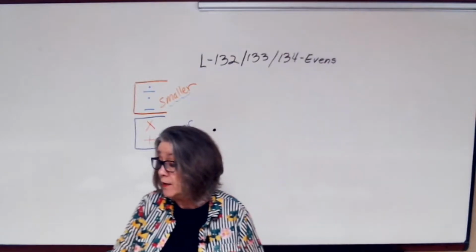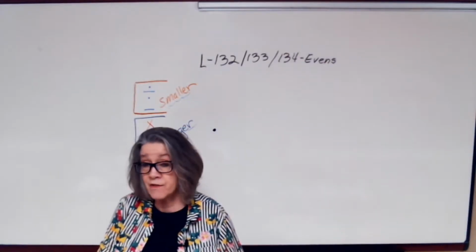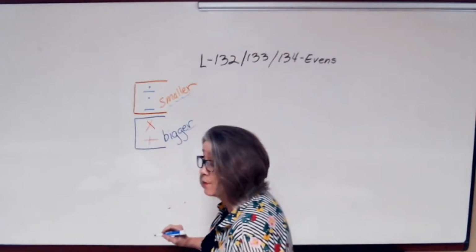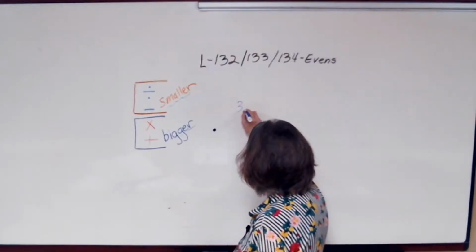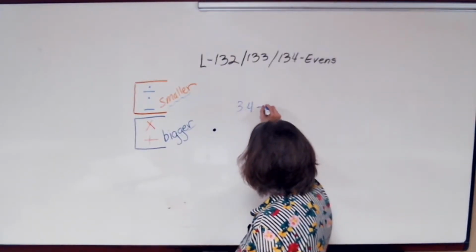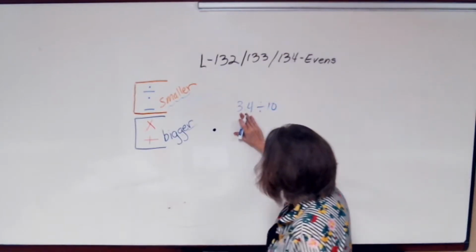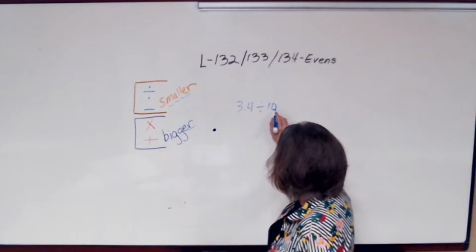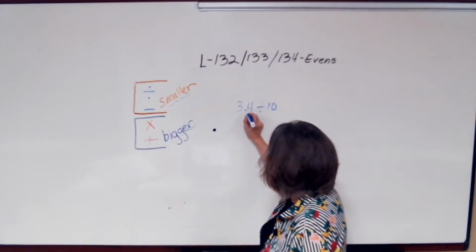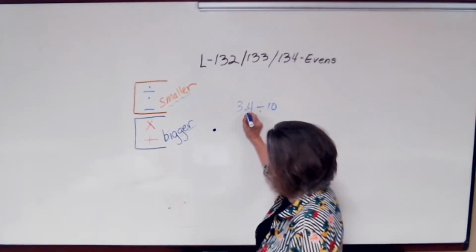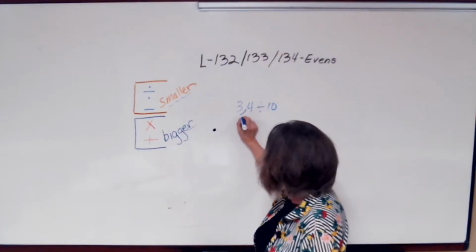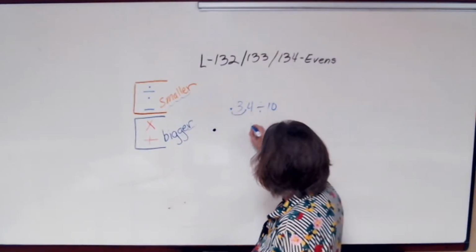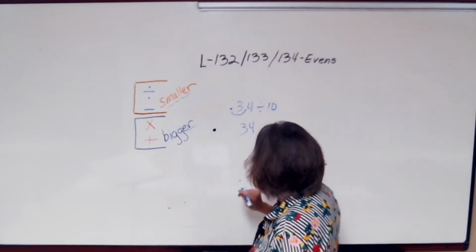So if you look at 3.4 divided by 10, that number's going to get smaller. This number now is saying it's a whole number, 3 4/10. Now when we divide it by 10, it's becoming smaller. So it moves over, so the answer is 0.34 when we divide by 10.